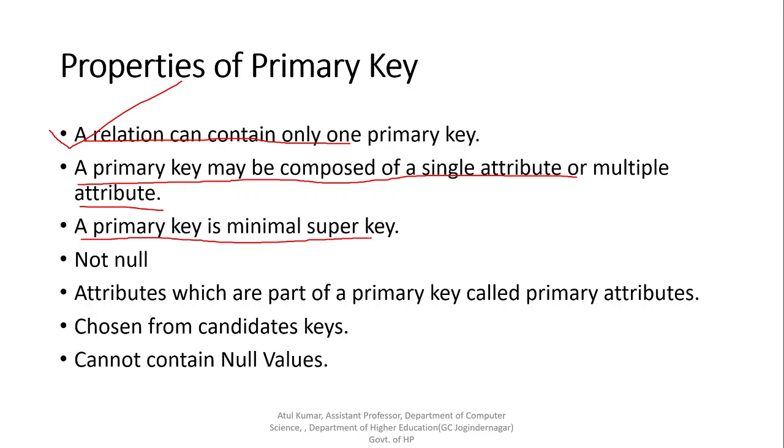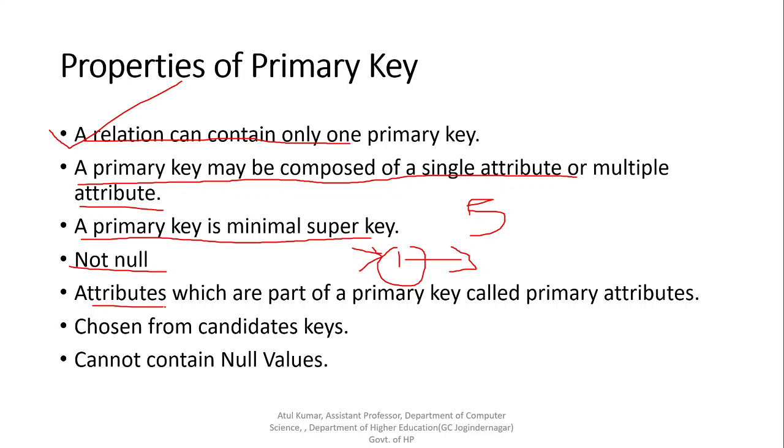That is, if we have a super key made up of 5 attributes, and only one attribute uniquely identifies each row in the table, the primary key consists of that one attribute. So it is a minimal super key. It can't be null. That is also a property of primary key.